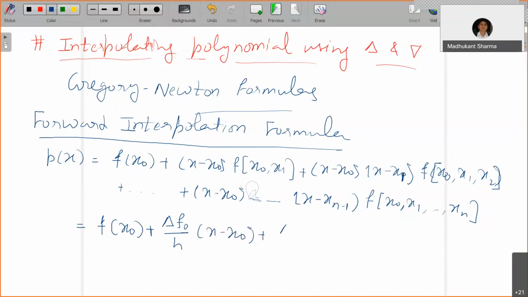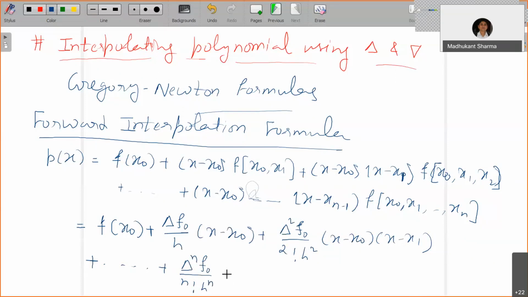The second divided difference is delta square f naught by 2 factorial times h square, times x minus x naught into x minus x1, and so on. The last term is the nth forward difference delta n f naught divided by n factorial times h to the power n, times x minus x naught and so on, x minus xn minus 1.